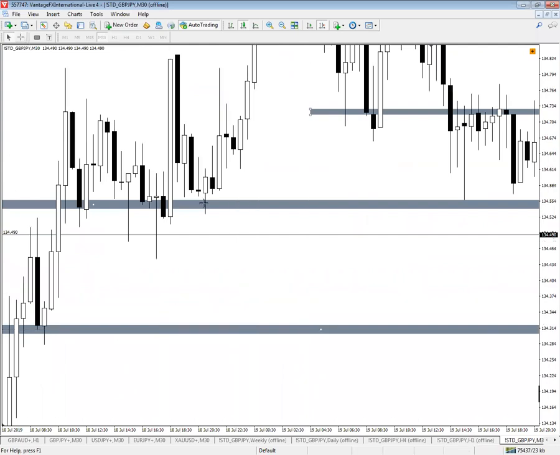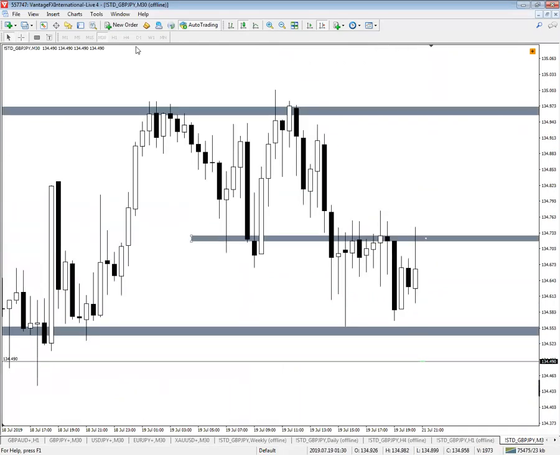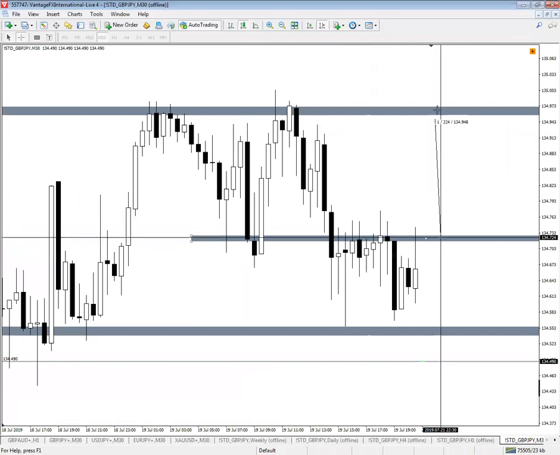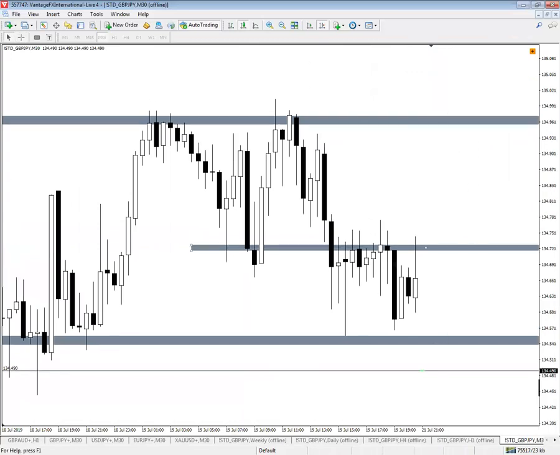So we're looking at like a 20 pip range. And for buys, I'm seeing like a 25 pip range.